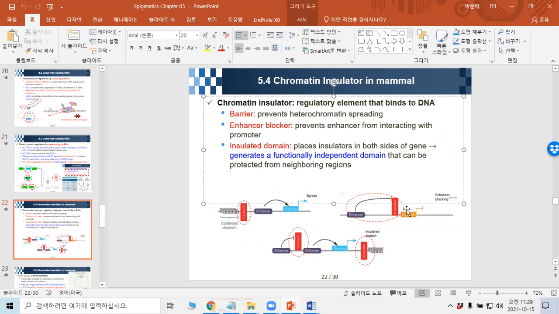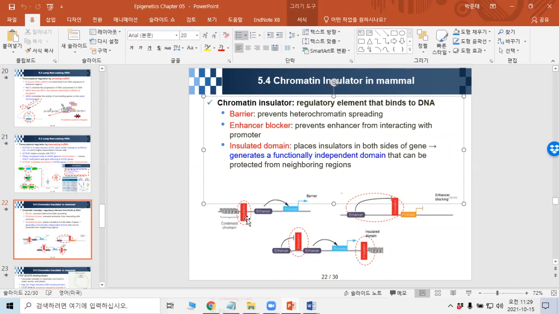Nowadays, biopharmaceutical companies develop vector platforms to express proteins. In this case, they want to add a chromatin insulator, because when the vector is integrated into the genome, protein expression is affected by the neighboring chromosome.